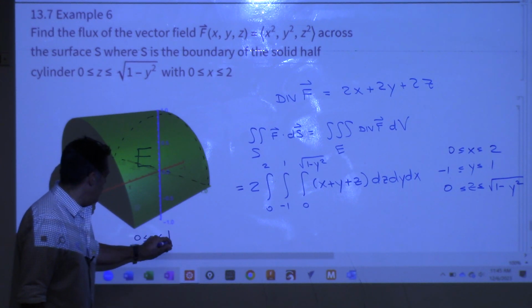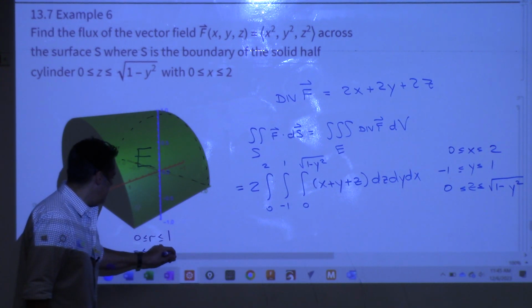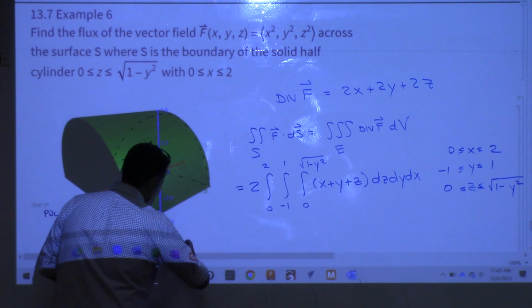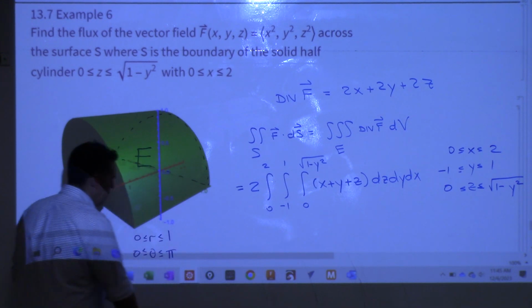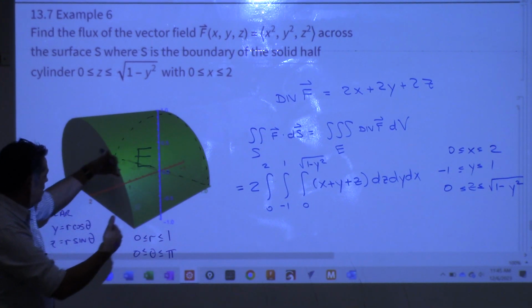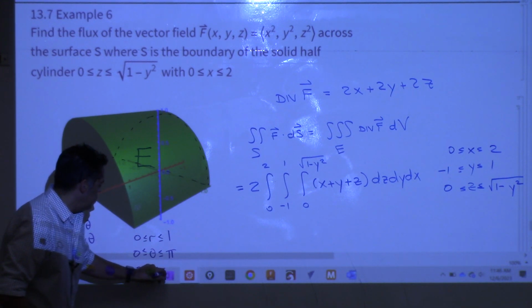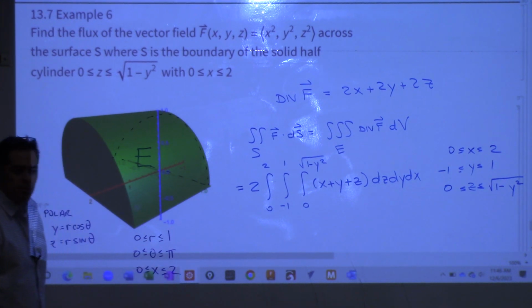Between 0 and 1. Theta between 0 and 2, not 2 pi, sorry, 0 and pi is only 1/2 of it, right? And now I need to draw the solid. So my x, right, is the thing that goes back and forth. My x is between 0 and 2. Do you see that?